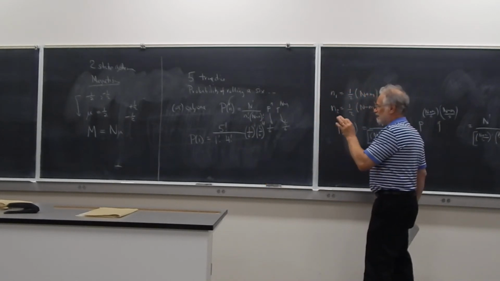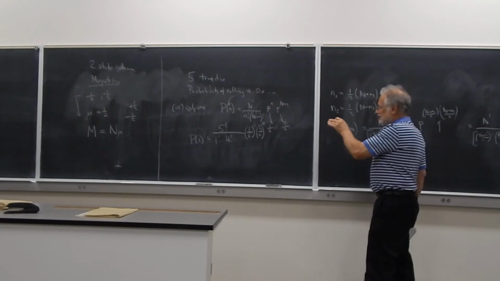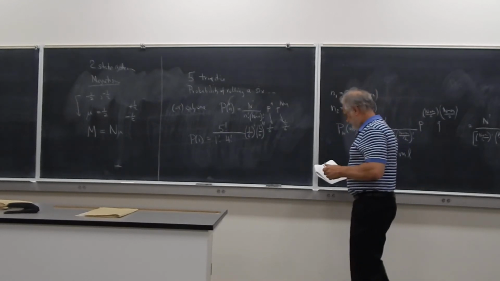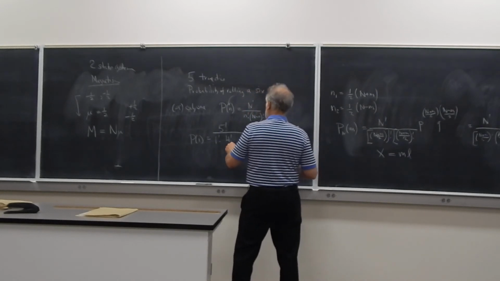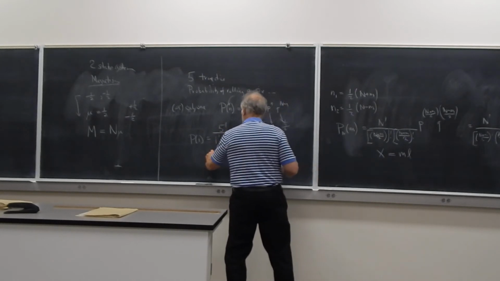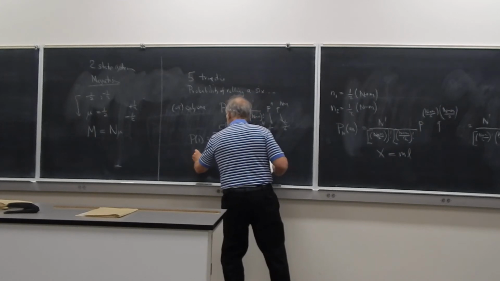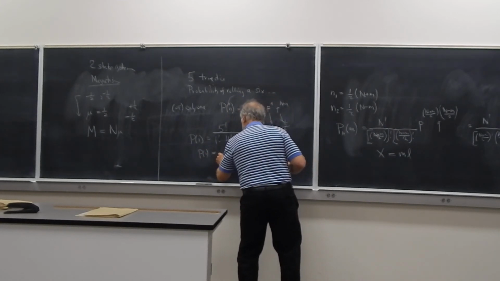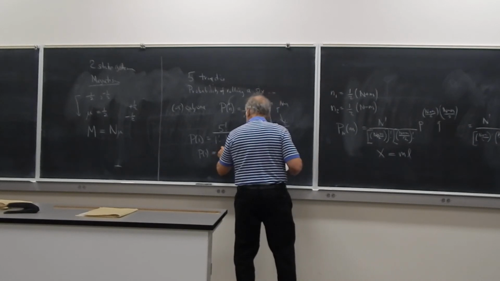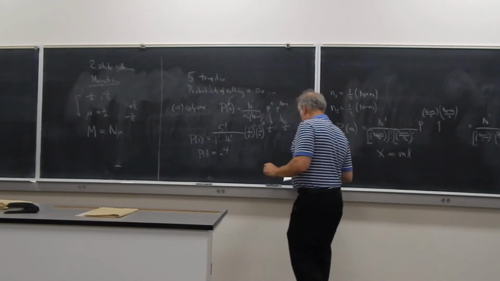So I only have, because I have 1 success and 4 failures, so to speak. That being the case, multiply all this out, and I'm going to find that the probability of rolling a 1 on one of the dice is 0.4.